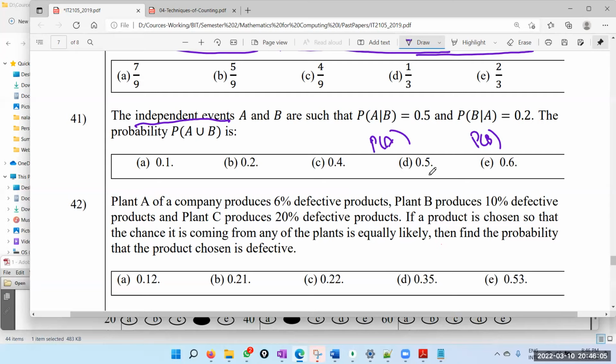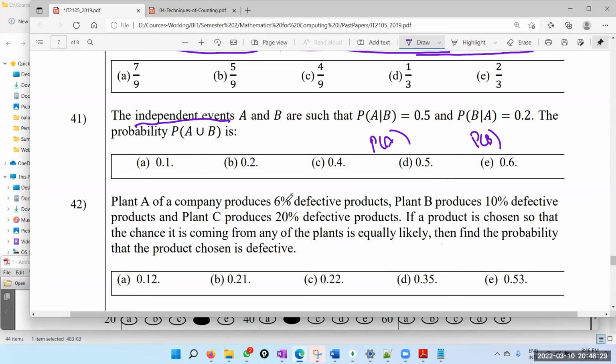If they are independent, we should be able to just add it, right? Because this is not A and B. If A and B, you have to multiply. This is P(A) or P(B). So independent means P(A given B) is the same as P(A). Independent means P(B given A) is P(B). It doesn't matter. So therefore I will go for 0.7.